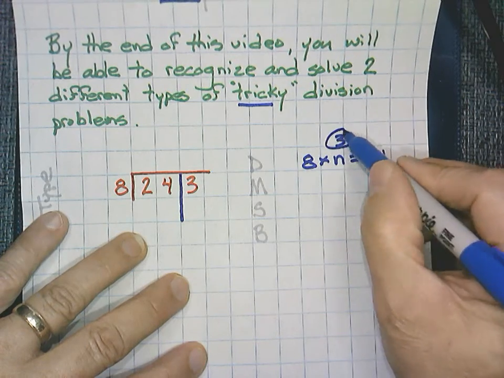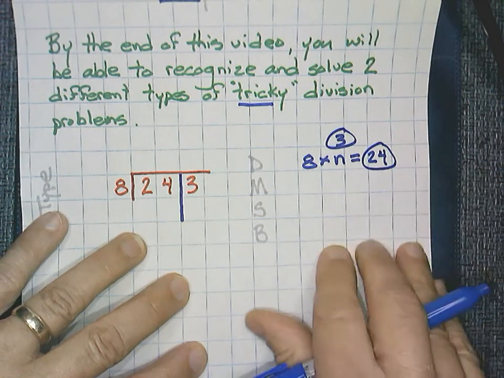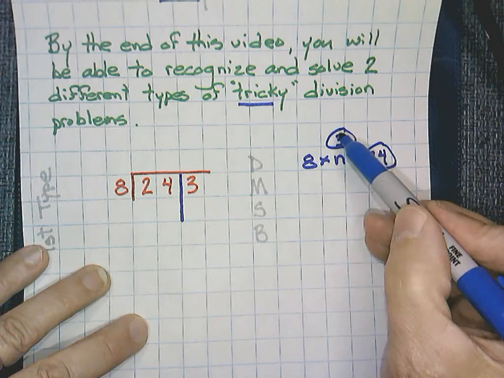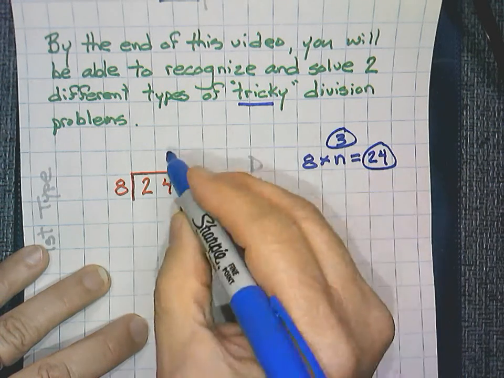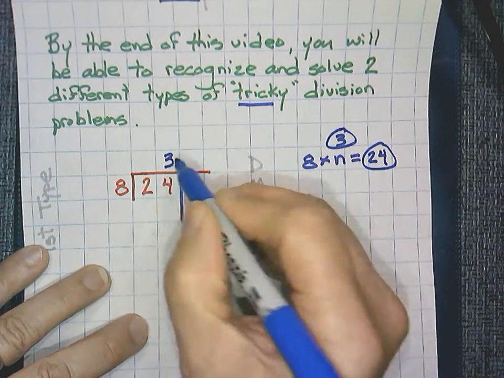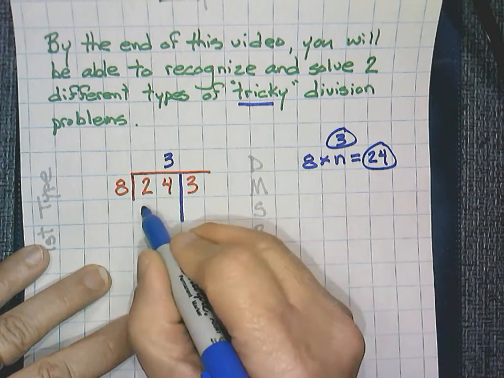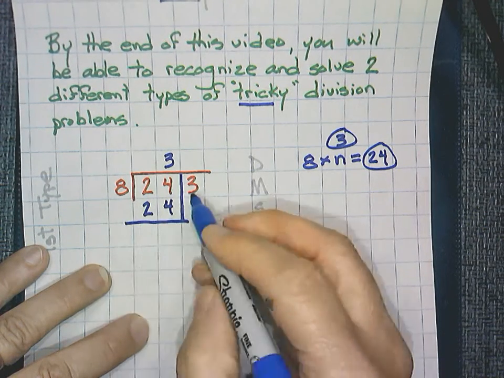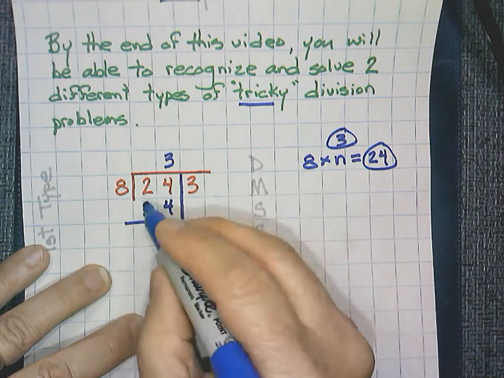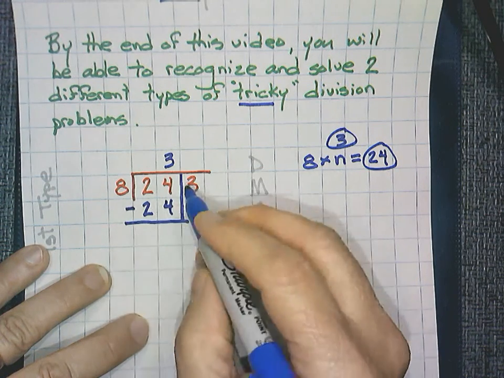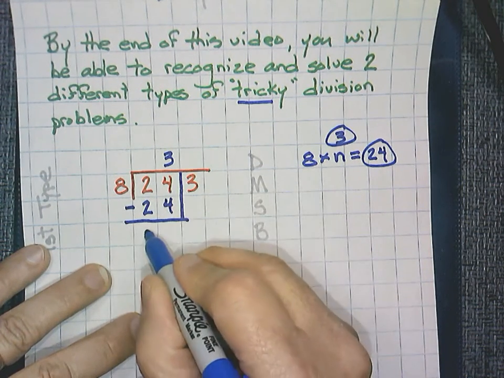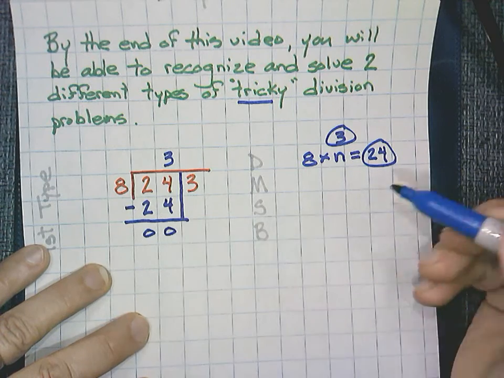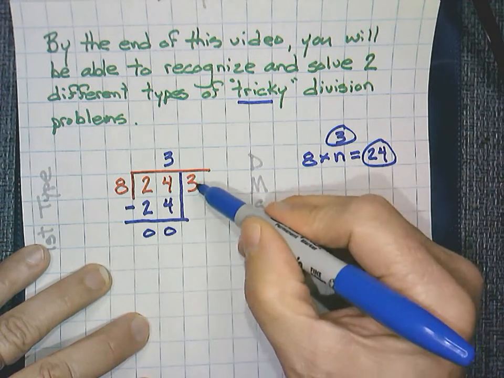And 8 times 3 does equal 24. I circle both. I'm going to use both numbers, the 3 and 24. We see that we have an exact match here. And when I go to prove that and subtract, I have 0, 0. So no problem so far.